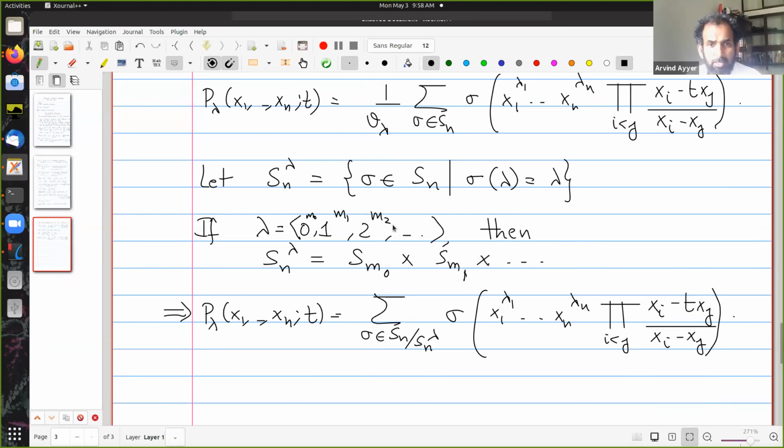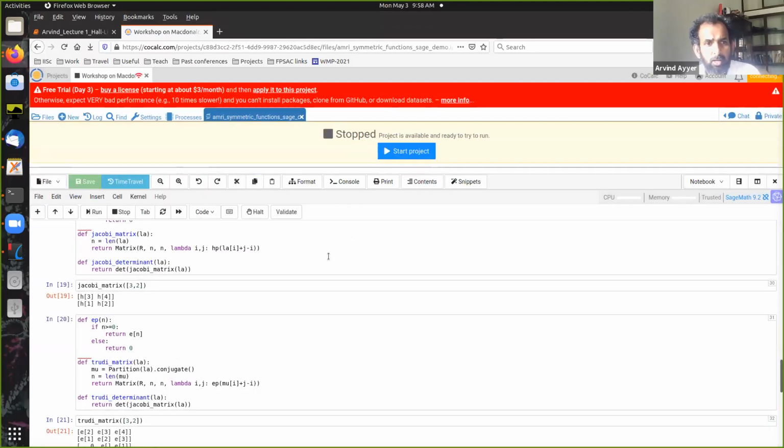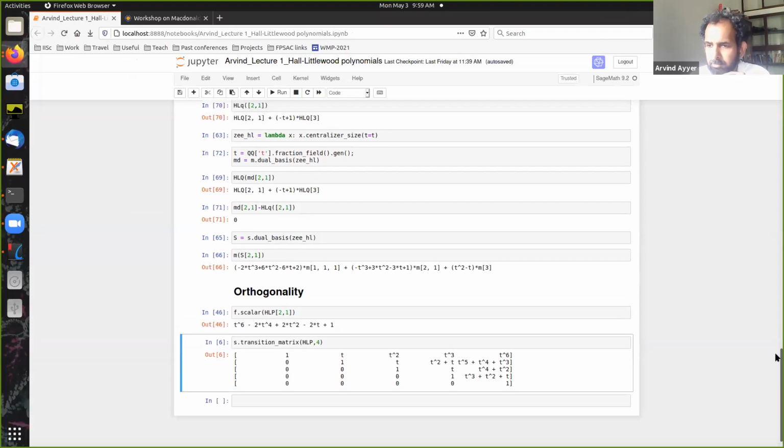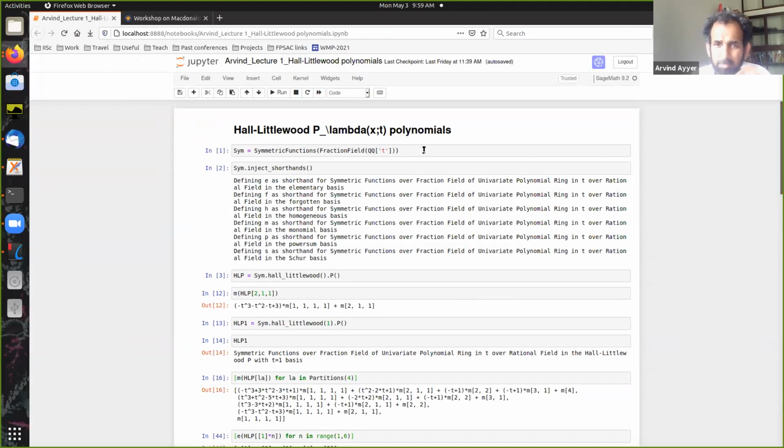Okay, so let me show you on Sage. As I sent you an email, I have created this project on CoCalc, and everybody can access this workshop. Some of you have already joined. I'll do things locally simply because CoCalc can be very slow. So let me show you how to work with Hall-Littlewood polynomials on Sage.